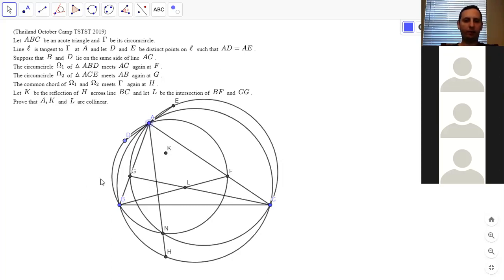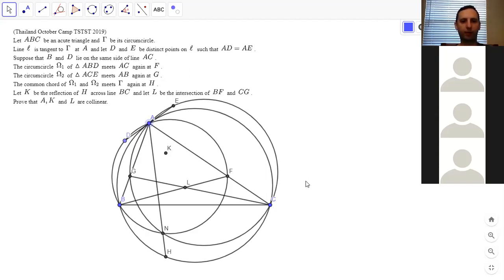So angle AFG is angle AFB minus GFB. I don't know if that helps. So D and E both have the same power with respect to the circumcircle of ABC, right?